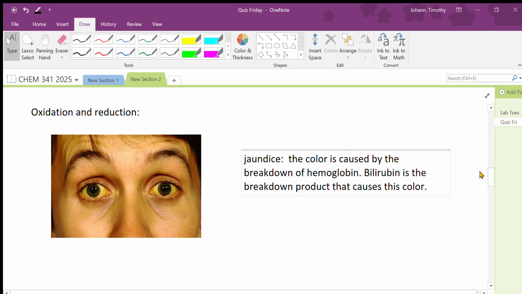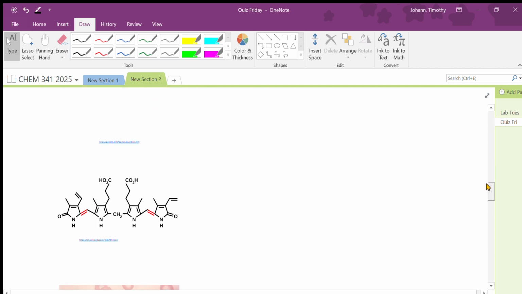All right, so we can come down below here, and I've got a picture of bilirubin. If you know what a heme looks like, and if you don't now, you will, but you don't need to know right now. This is the heme, essentially, that's been broken open, and it has that yellow color.